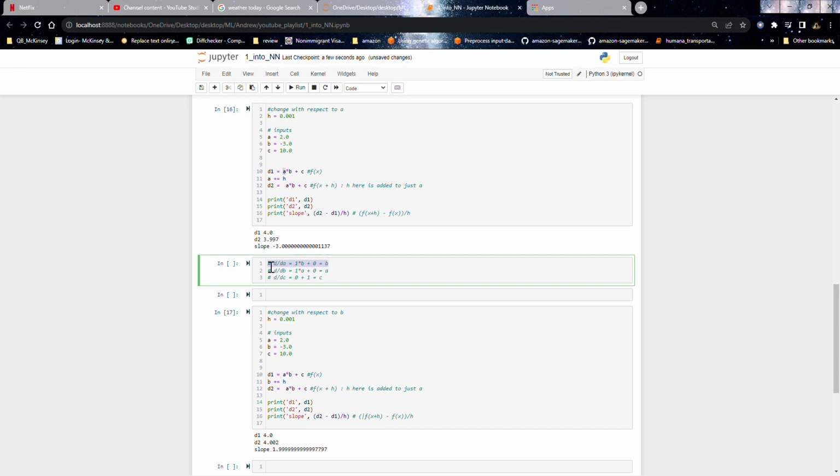So the output is B. That's the reason why we have a slope of minus 3, which is actually equal to B.